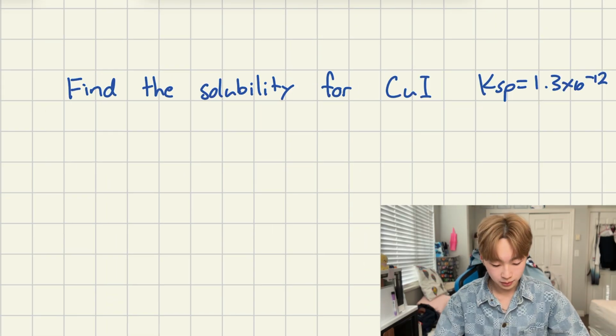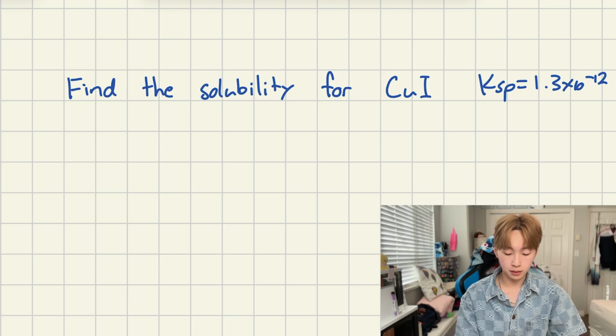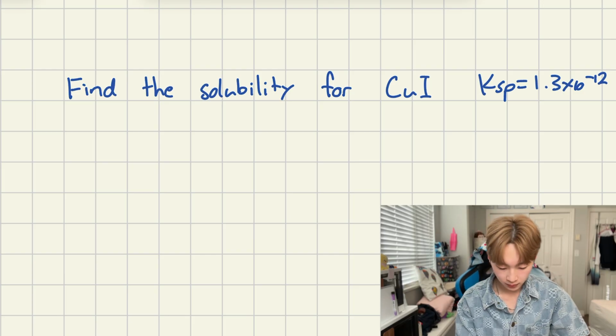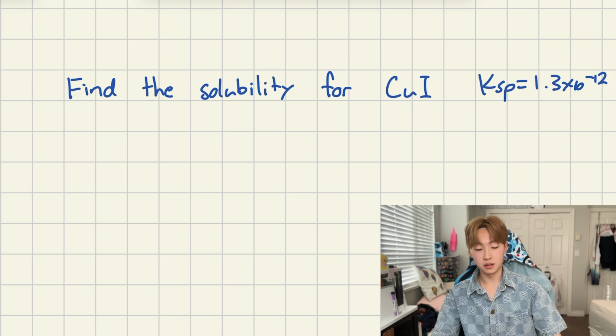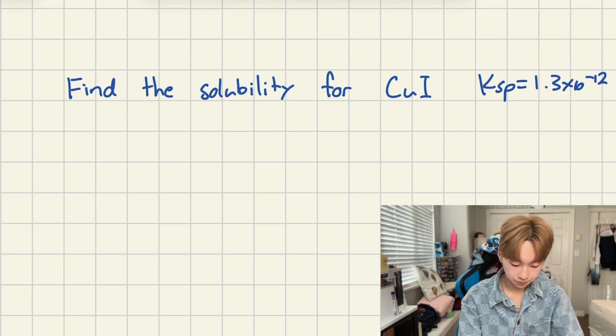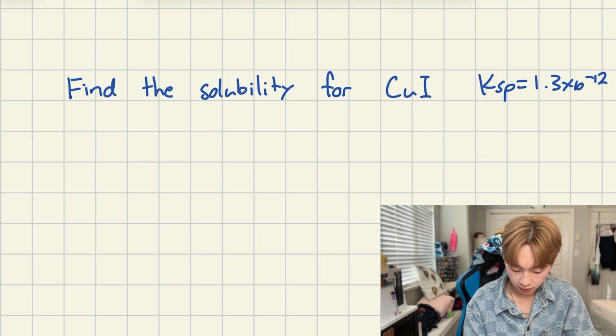Now let's try an example. It tells us to find the solubility for CuI, and we're given the Ksp. And what this is asking us is, at this given temperature, in a saturated solution, what are the concentrations of the ions? We can start by writing our net ionic equation.